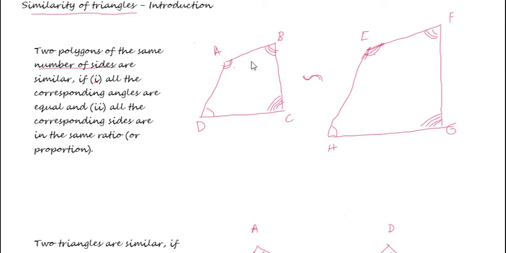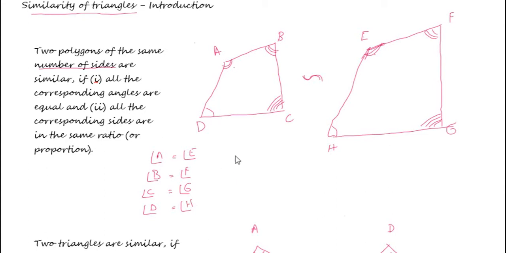If all corresponding angles are equal, that is angle A equal to angle E, angle B equal to angle F, angle C equal to angle G, and angle D equal to angle H, and then all the corresponding sides are in the same ratio.